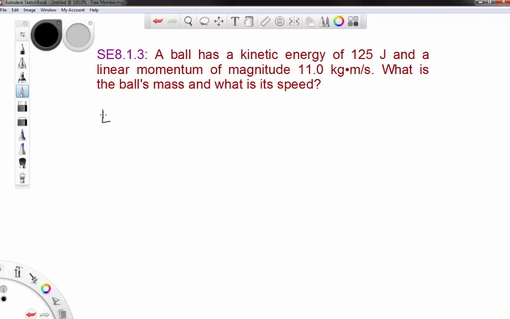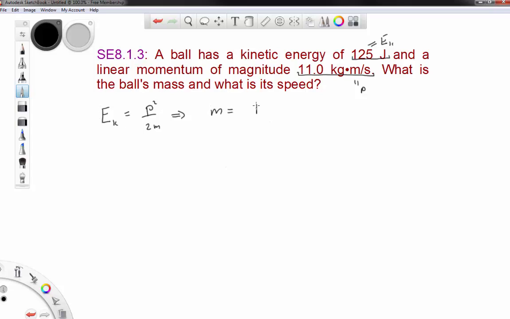All right, we have right now that EK is equal to P squared over 2M. So we're given right here the value of P. We're given right here the value of the kinetic energy. So we can rework this equation by solving for M. So multiply both sides by M, divide both sides by EK.